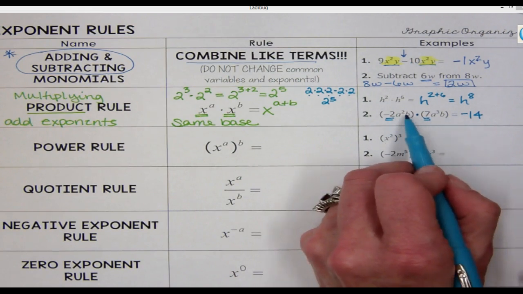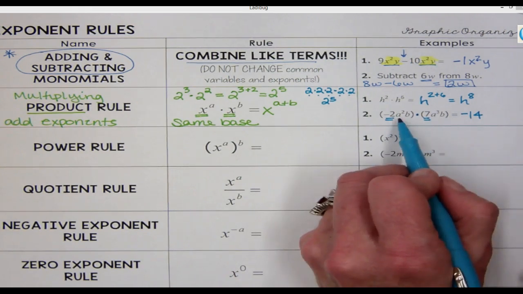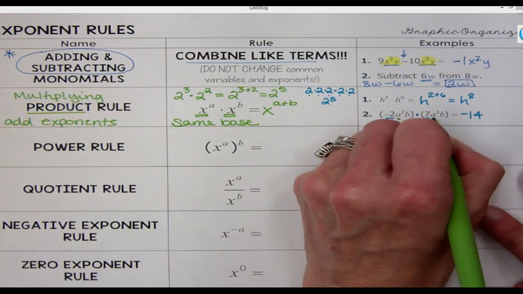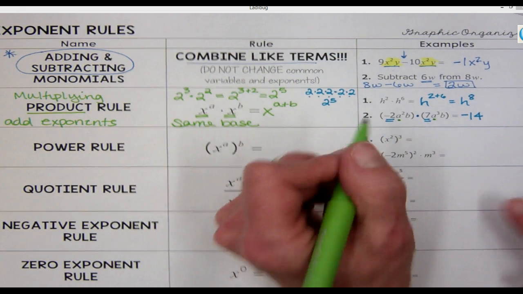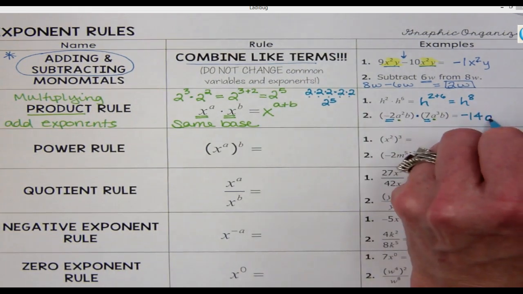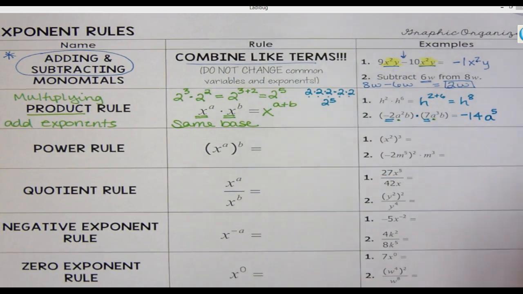A squared times a to the third. I'm looking at the a's because these have the same base. A squared times a to the third. I'm going to add those exponents and get a to the fifth.